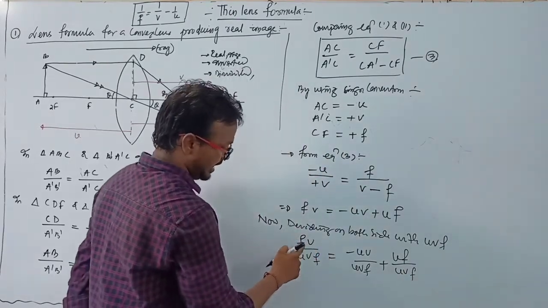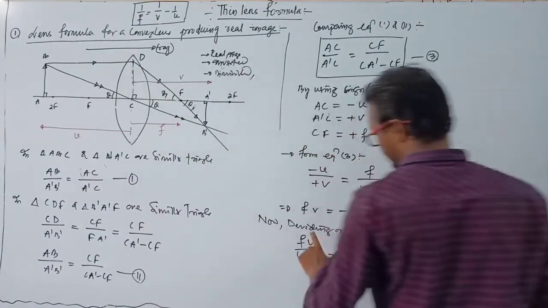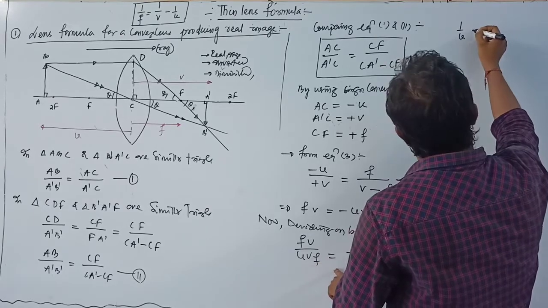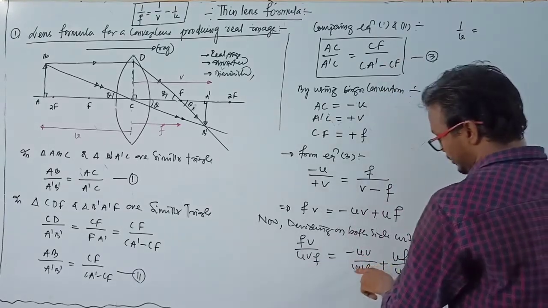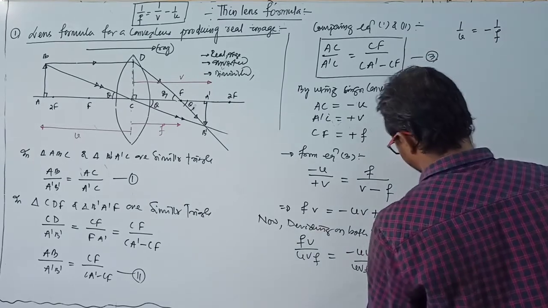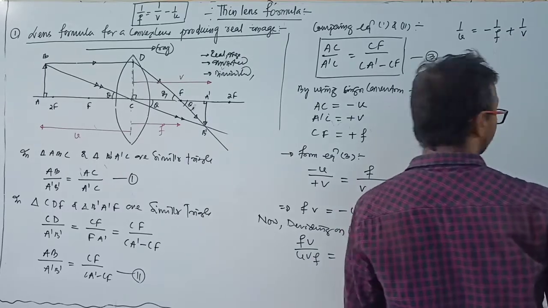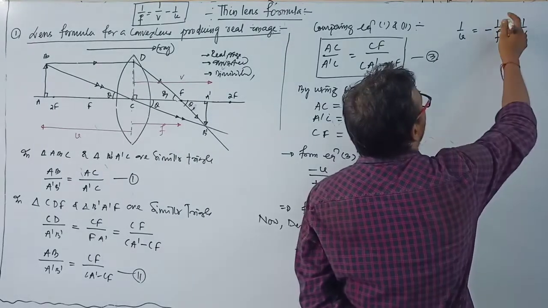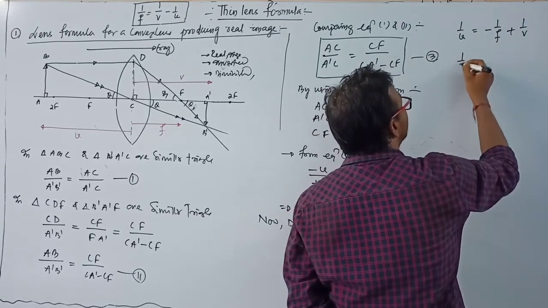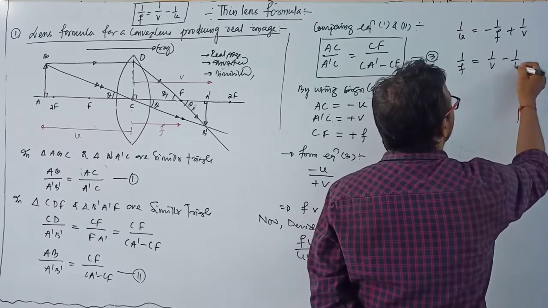Here FV cancels, the remaining term is 1 by U, and UV cancels, minus 1 by F, and plus 1 by V. Now take 1 by F to the left hand side, then it will be positive, so 1 by F equals 1 by V minus 1 by U.